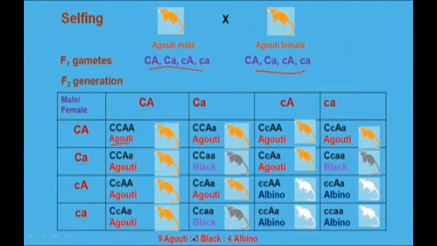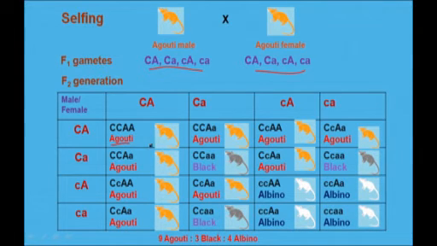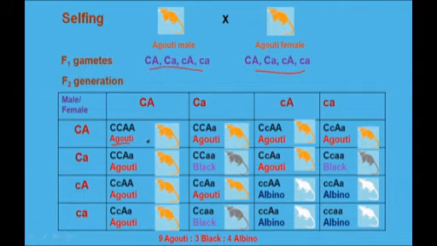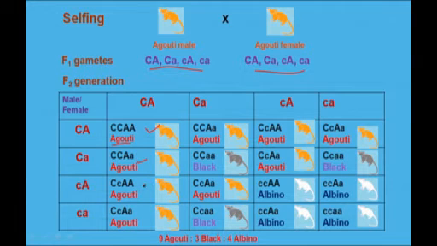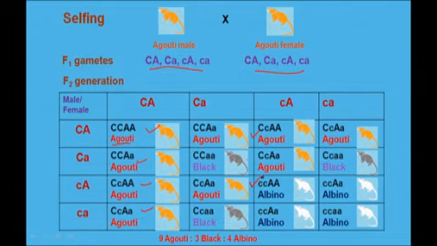In all these cases you can see that when any offspring contains both genes having dominant alleles present, it will give rise to an agouti colored mouse. Here both dominant alleles are present, here also, here, in this case also, and in this case also.